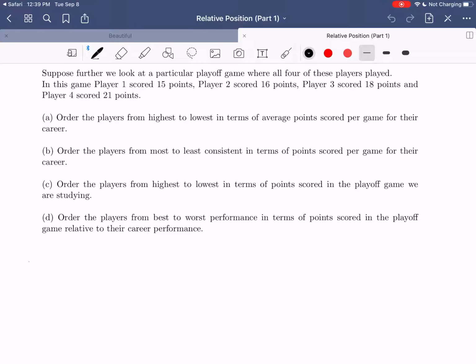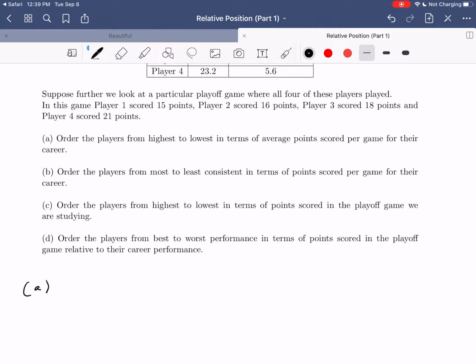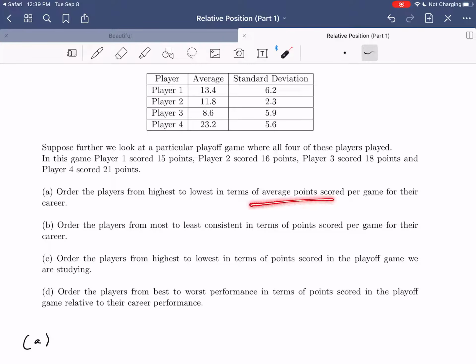If we look at the averages, player 4 was far and away the best in terms of average points scored, so we put player 4. Then in terms of second place, it's pretty close, but player 1 had 13.4, so player 1. Then player 2 with 11.8. And then finally, the lowest in terms of average points per game, player 3.